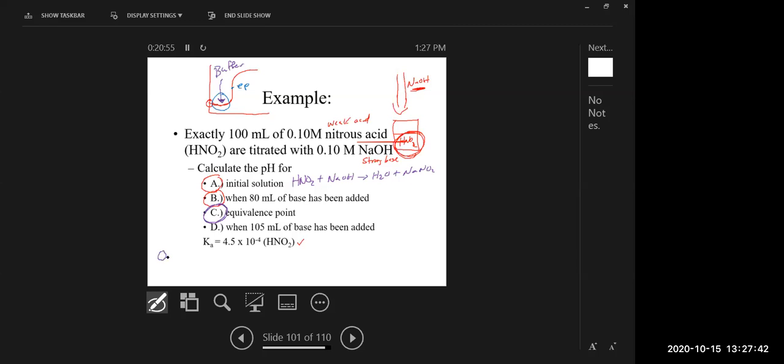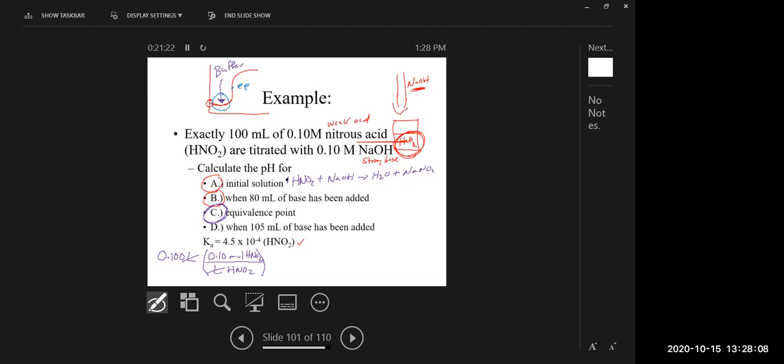So really, you have the volume and the molarity of the acid. You can convert the volume of your acid into liters. You could use the molarity of the acid, which is 0.1 moles per liter of nitrous acid. Those will cancel, and if you stop right now, you're in moles of nitrous acid.